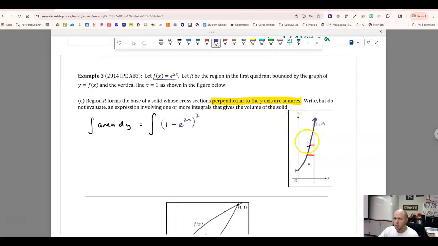But what's very important to note is that my function kind of gets cut off here. They only want quadrant 1. So, you know, this really is only good for this region from 1 up until this value up here, which is e squared.